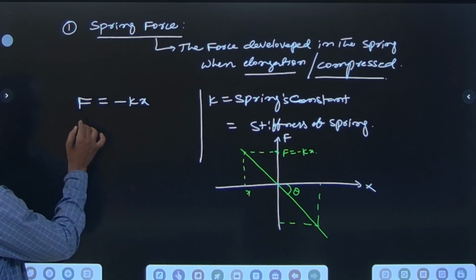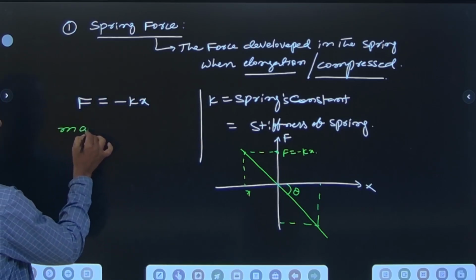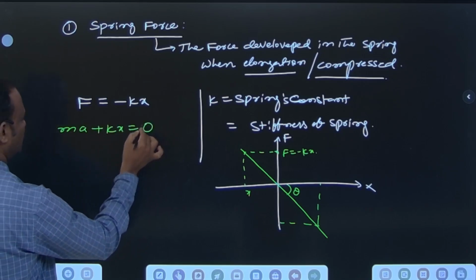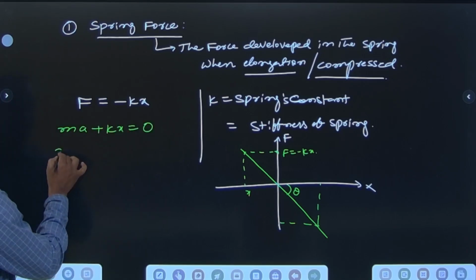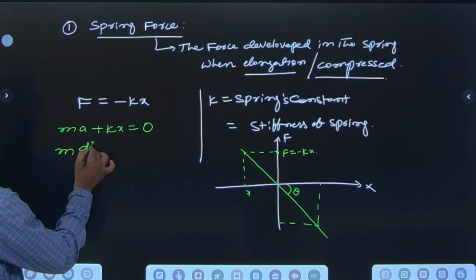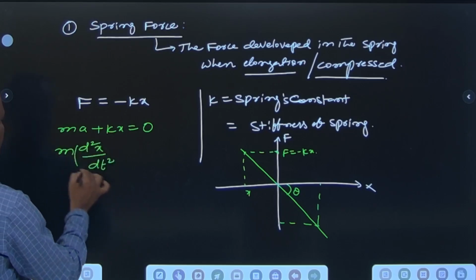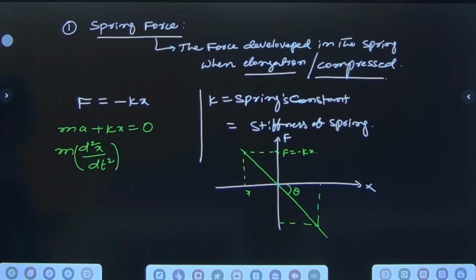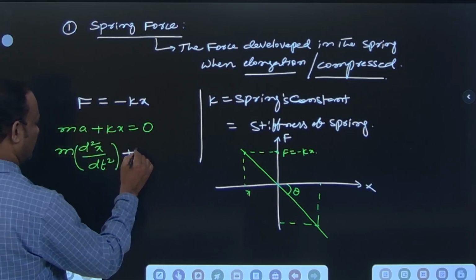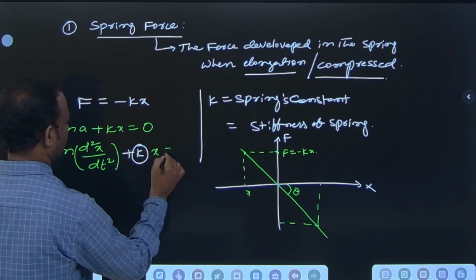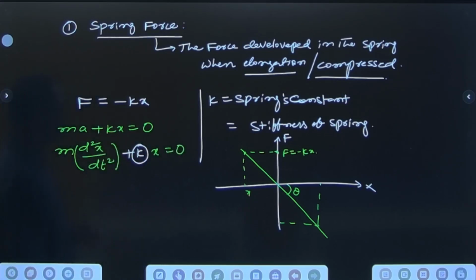F means m into a, so m a plus kx is equal to 0. Linearly, m into d squared x by dt squared plus k into x is equal to 0.